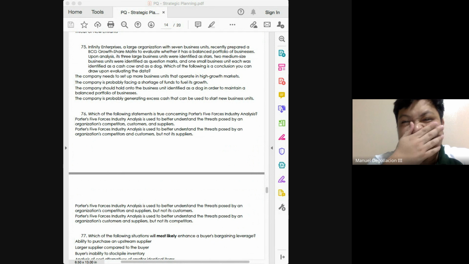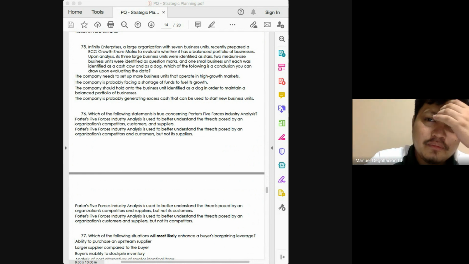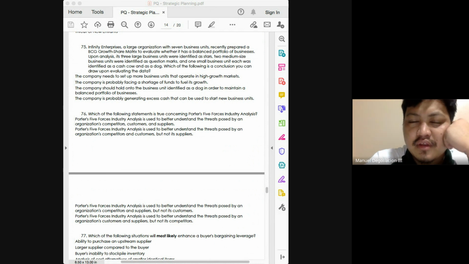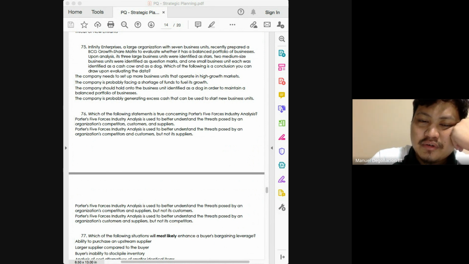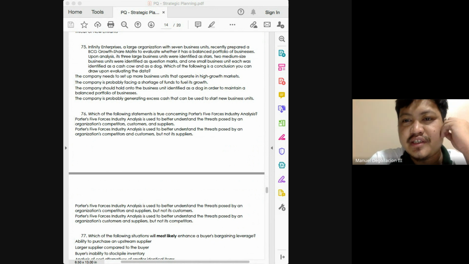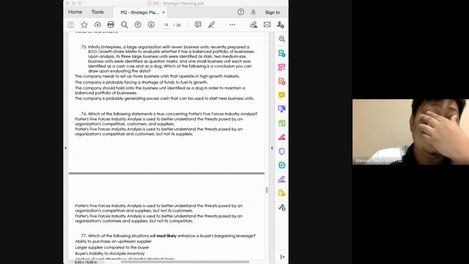Okay, very quickly, under the Boston Consulting Group growth share matrix, you classify your products or services or business units into stars, cash cows, question marks, and dogs. If they are in a high growth market, then they would either be a star or a question mark.